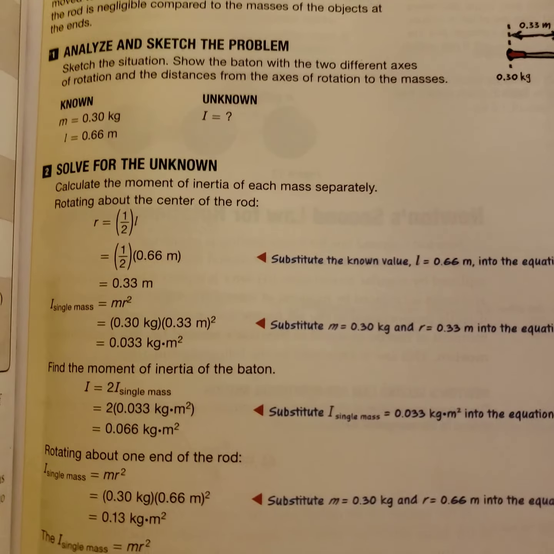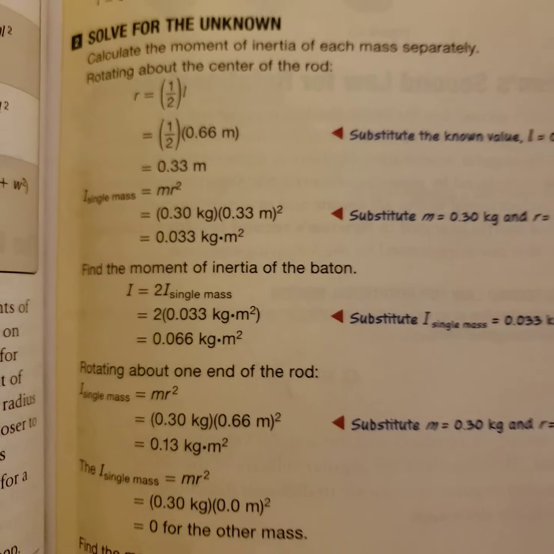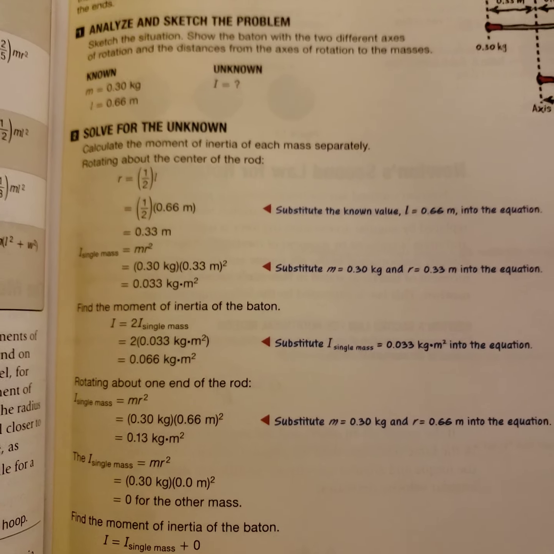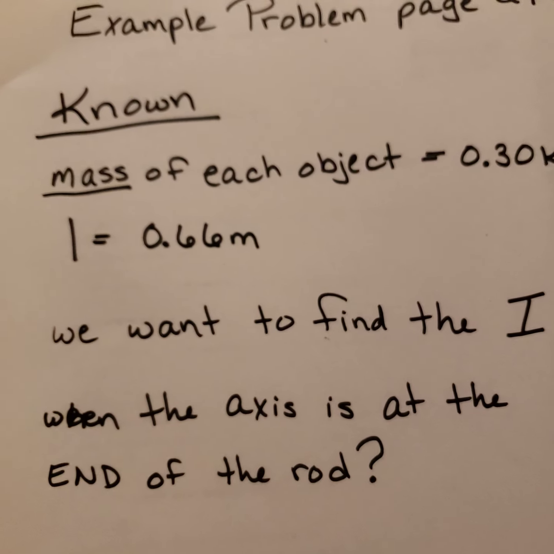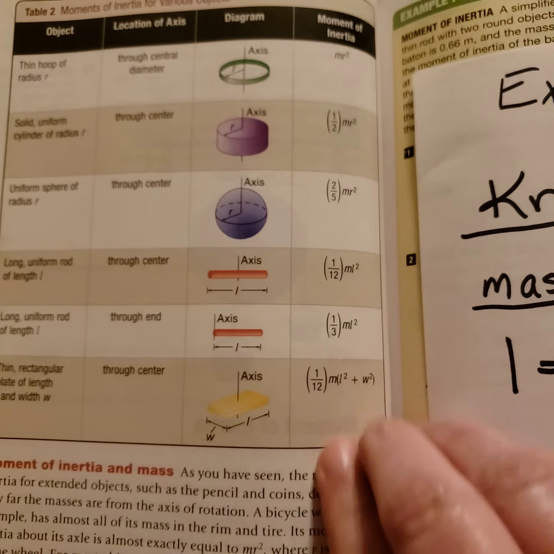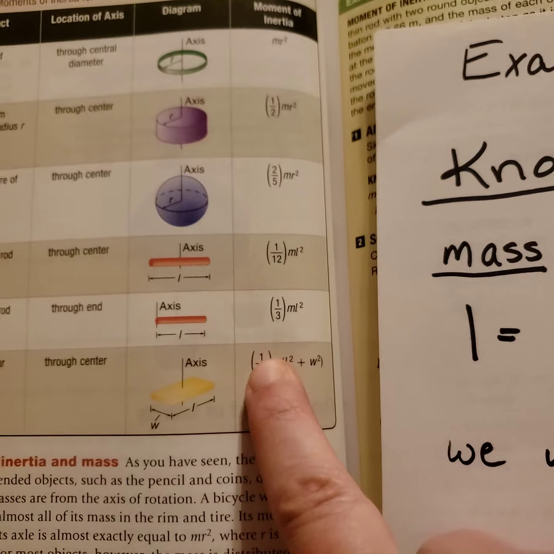And frankly, they're not using the formulas that are given to us. So I'm not going to show you this because, as I started to do it the way you should do it, you have the 1/12 if it's in the middle and the 1/3 if it's at the end.